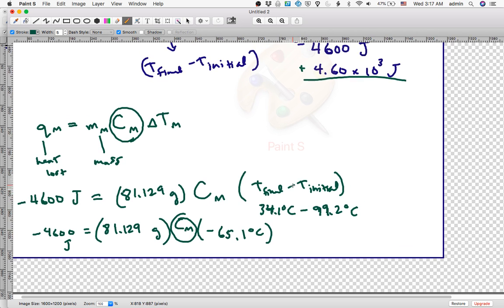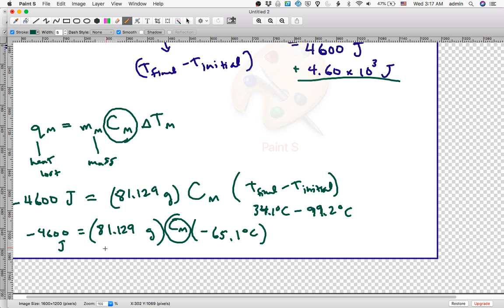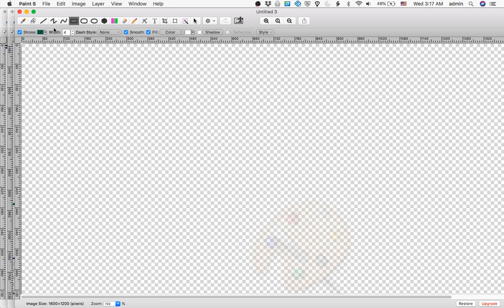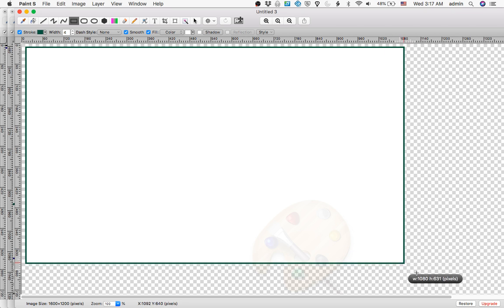Yes, that's right. To solve for cm, I must divide both sides by this number and divide both sides by this number. So let's do that. I guess I'll need another piece of paper. Okay.